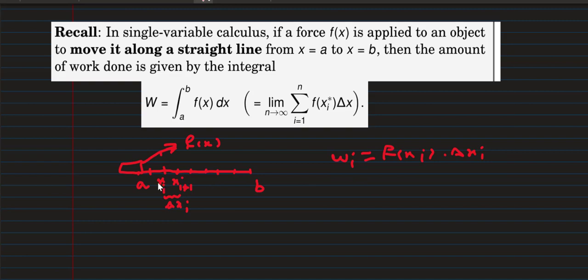If we sum, because we want to calculate from the point A to B, it will be the summation of f(xi) delta xi, for i from 1 to n, when n approaches infinity. This is represented as the integral from the initial point A to B of f(x) dx.